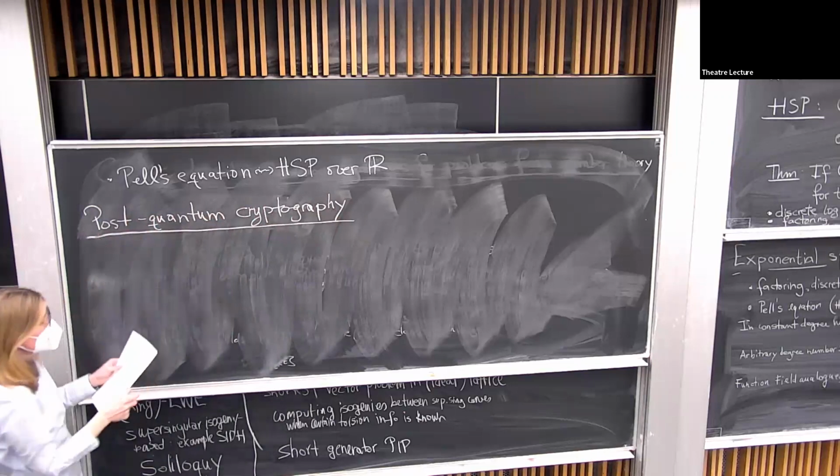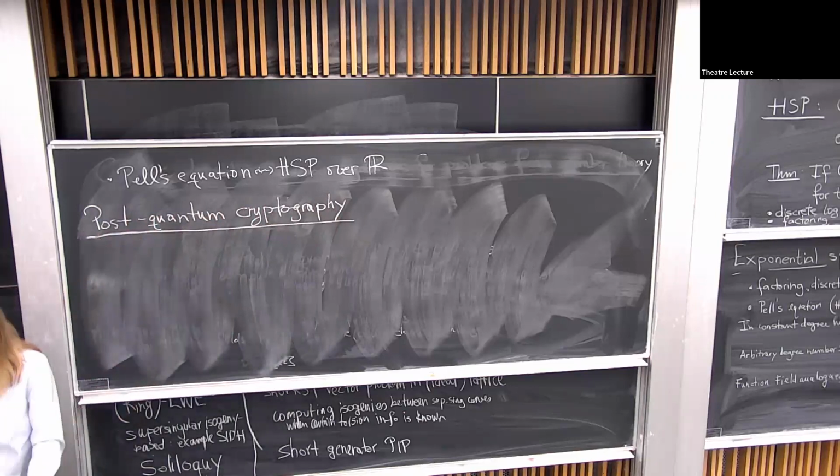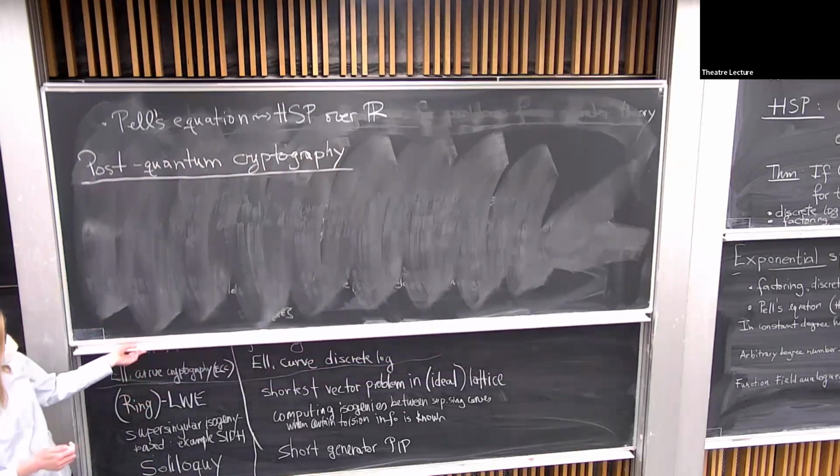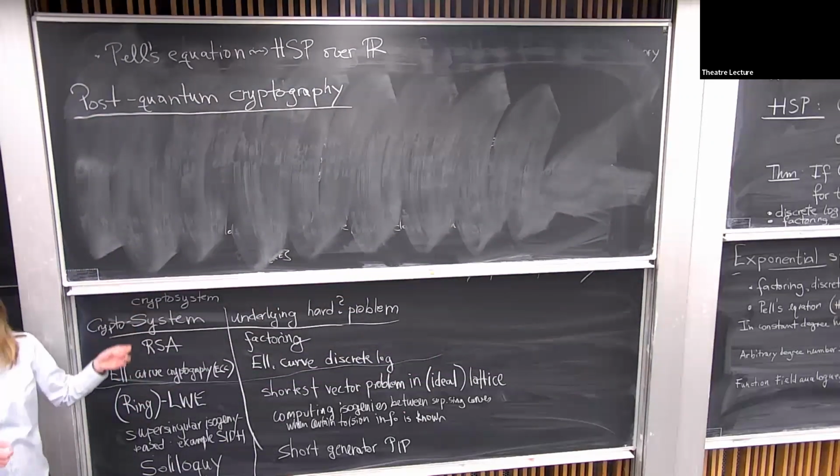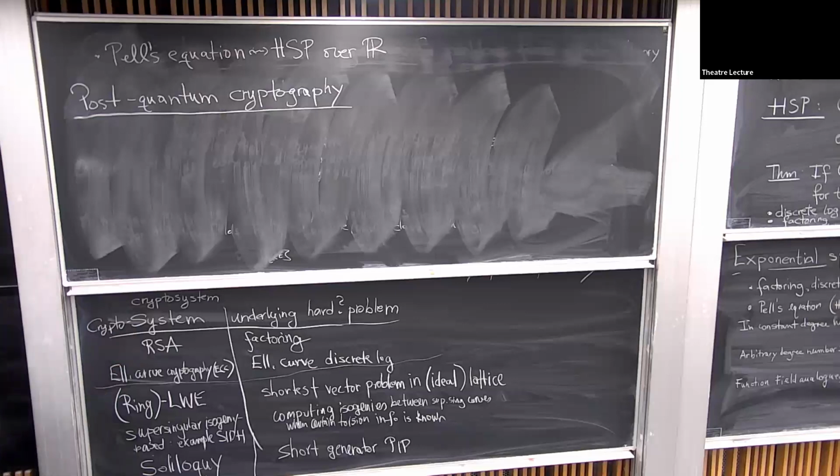Just to remind people, it already came up yesterday. The goal in post-quantum cryptography is to develop cryptosystems that are secure against quantum computers, for which there is not an efficient quantum algorithm.